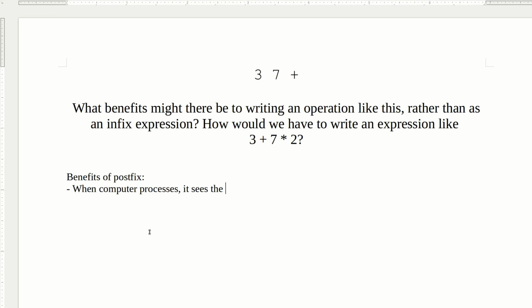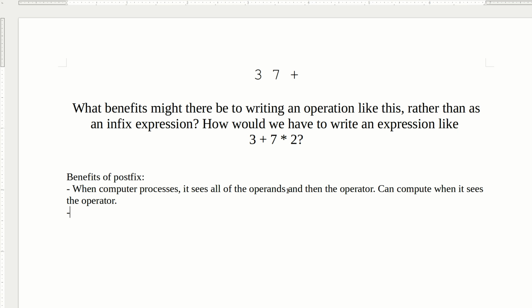It sees the operands, all of the operands, and then the operator, and is able to do the work of that operator immediately. As soon as it sees an operator, it knows it's already seen the data for that operator. So it can do the operation right when it sees the operator because it knows it's already seen the two operands.